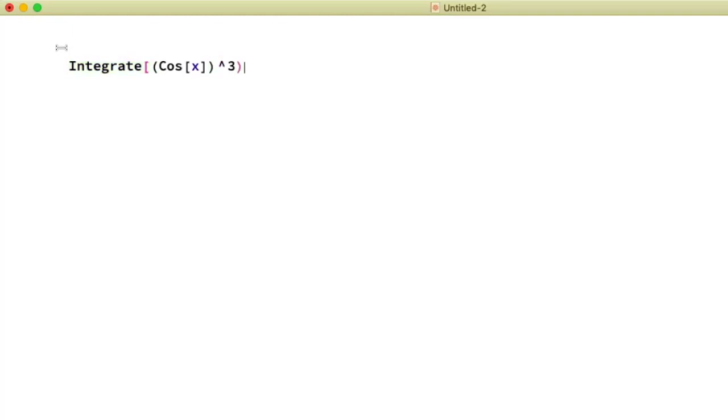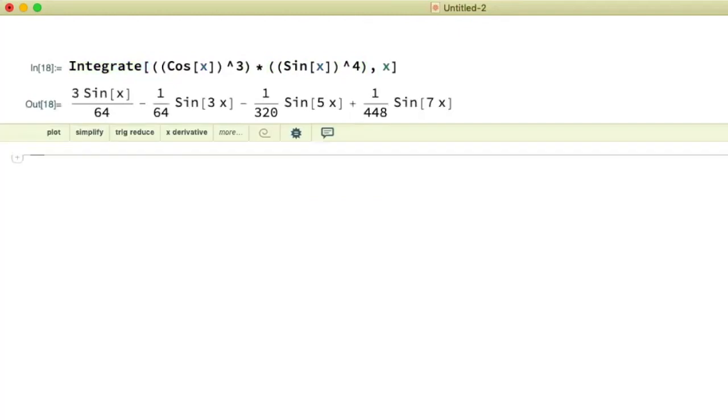Now I want to take that whole quantity and multiply it by capital SIN sine of x, close, exponent, close. So there's my trig function I want to integrate. I put a comma x for my variable and do shift enter.